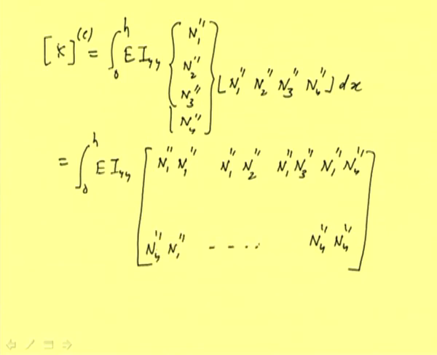so other terms similarly we can obtain. This is basically a 4 by 4 matrix. Because we know N1 and other terms, their derivatives can be obtained and it can be integrated.